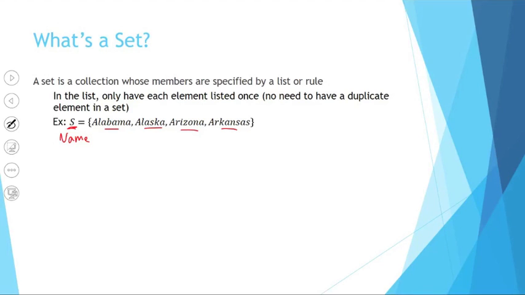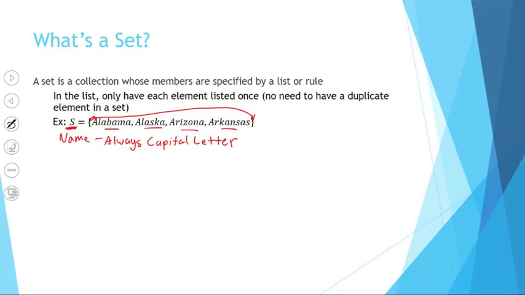A couple things to keep in mind, especially with notation. The name of a set is always a capital letter. And another thing to keep in mind is we use these little squiggly brackets, one on the left side and one on the right side, as a way of identifying a set.